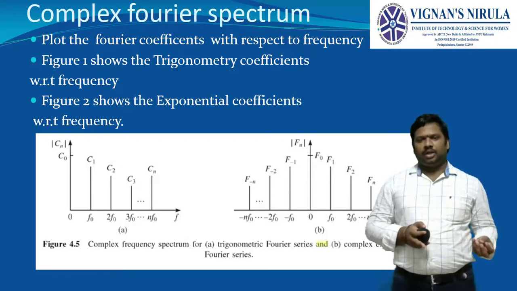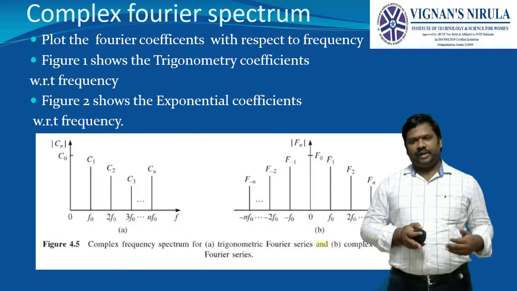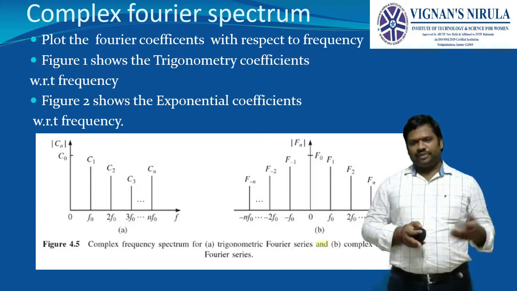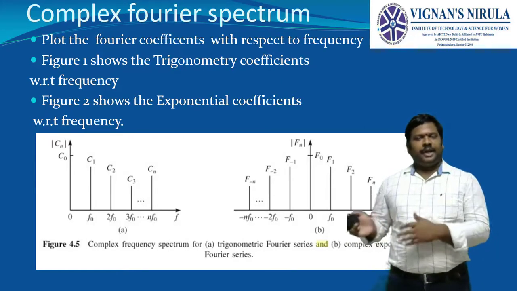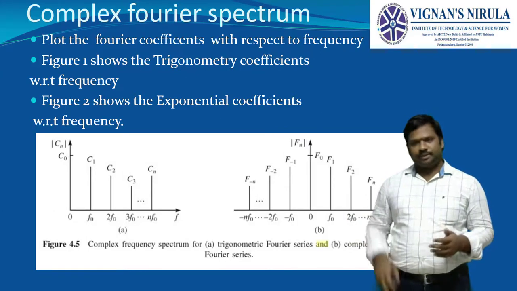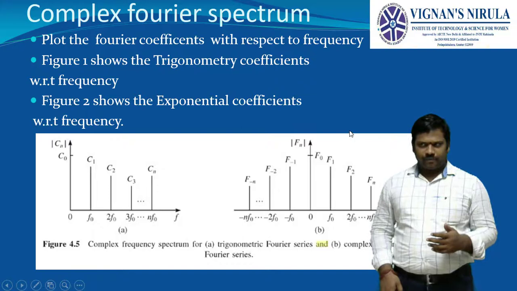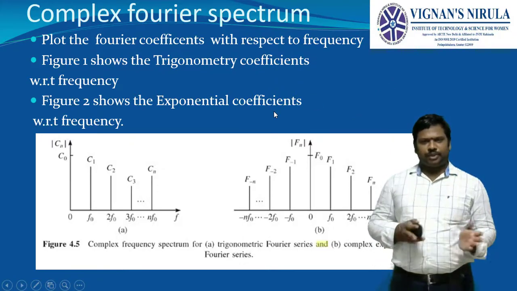At f equal to 0, we have C0 as a constant. At f equal to f0, we have C1. At f equal to 2f0, we have C2. At f equal to 3f0, we have C3, and so on. At f equal to nf0, we have Cn. Similarly, in the exponential case, we have both positive and negative frequencies. That is the plotting of the complex Fourier spectrum.